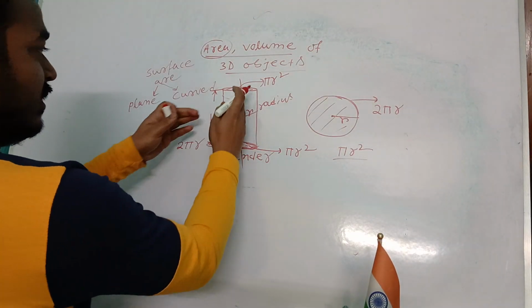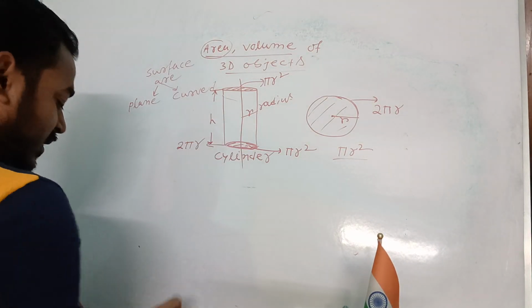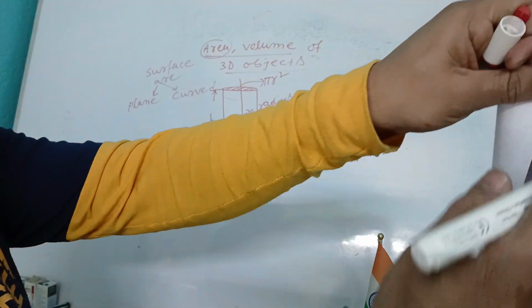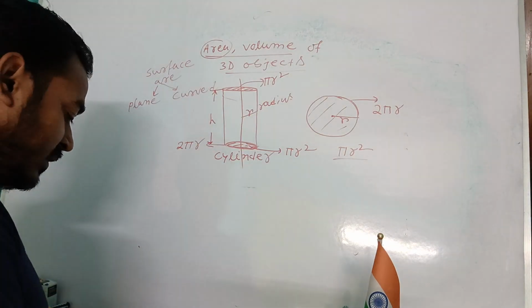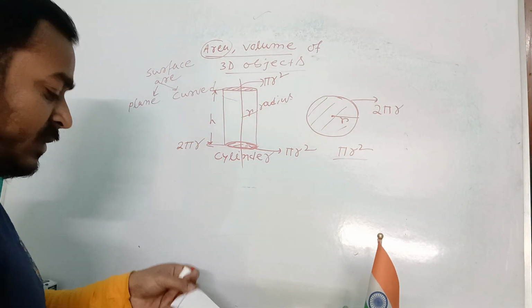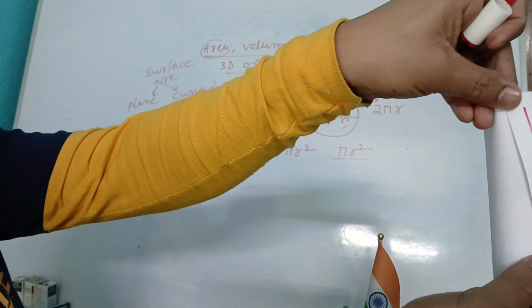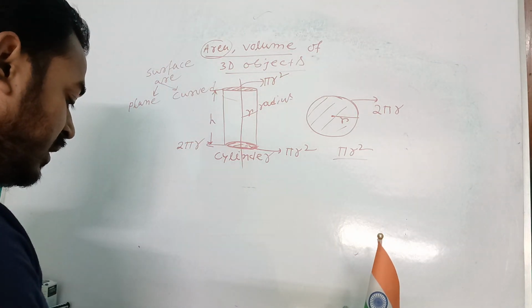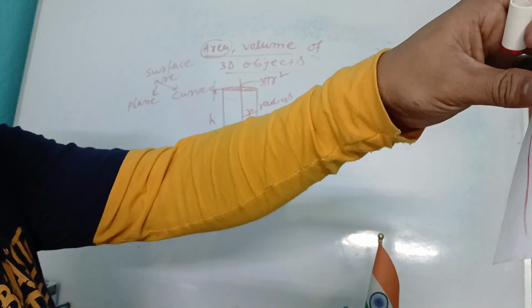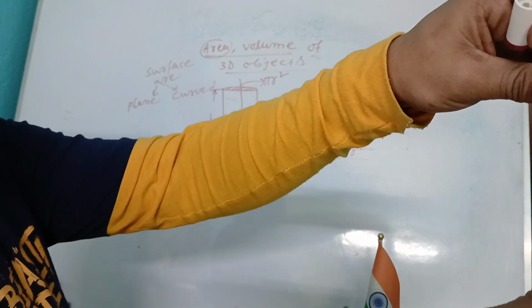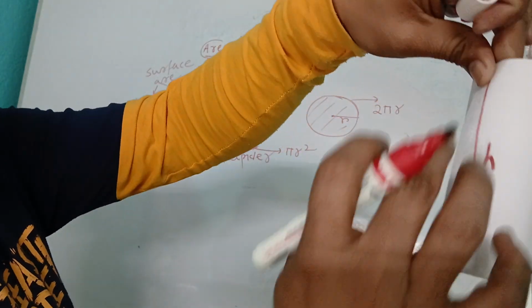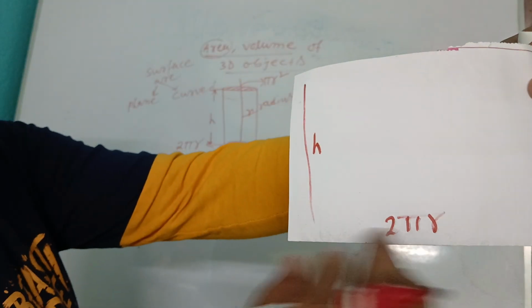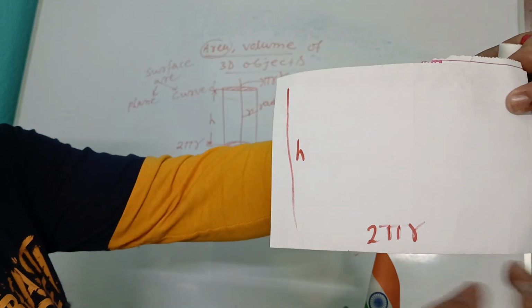So here it is h, this is h, and then the circumference is 2 pi r. Now it is converted into a rectangle, where length is 2 pi r, breadth is h.